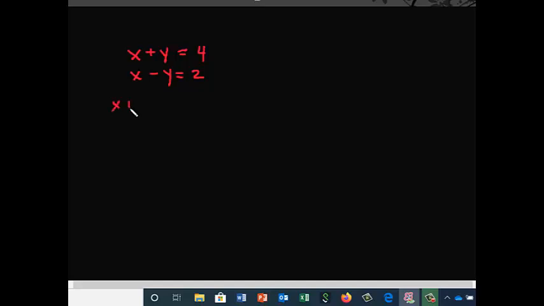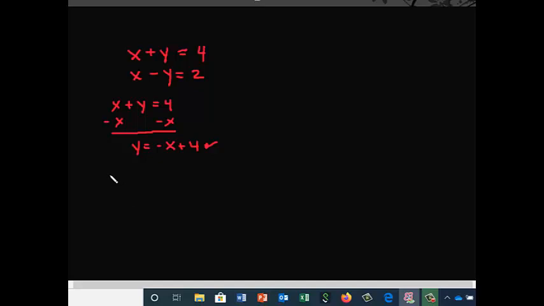We take x plus y is equal to 4 and we solve for y. So we're going to subtract x from both sides. So then y is going to equal negative x plus 4. Now we'll take this equation and substitute it into the other equation.